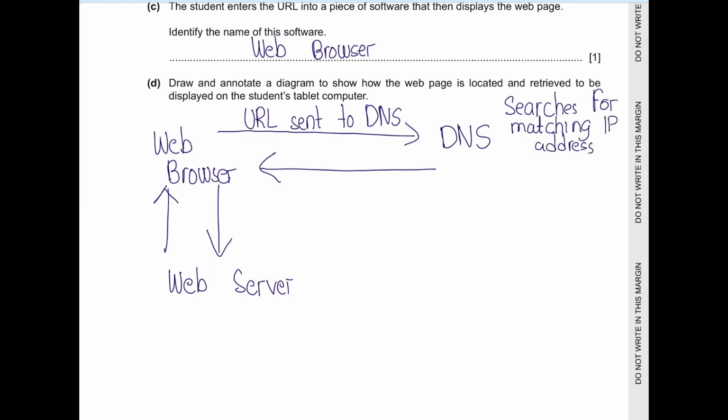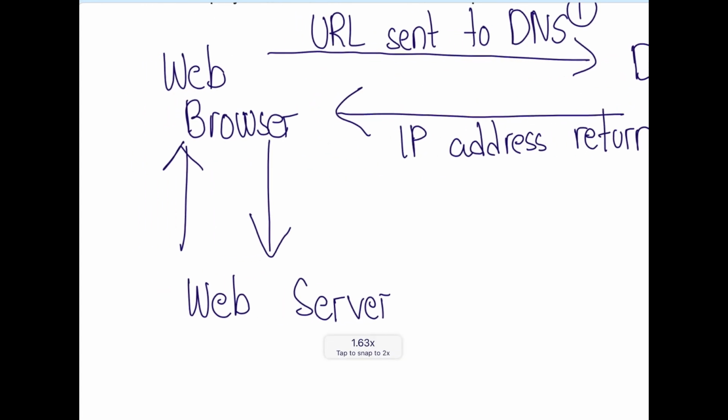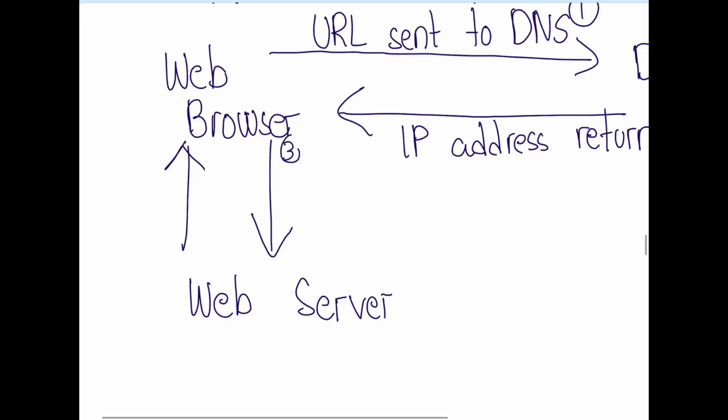After it's found, the IP address is returned to the web browser. So this is step 1, this is step 2. Once we get the IP address, after that we communicate. So this is my step 3.